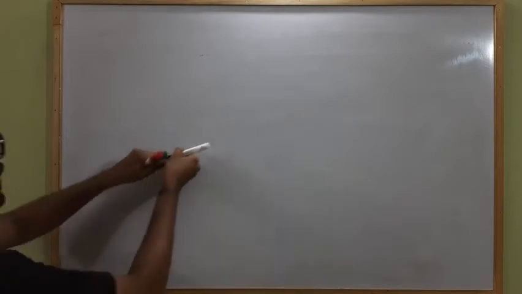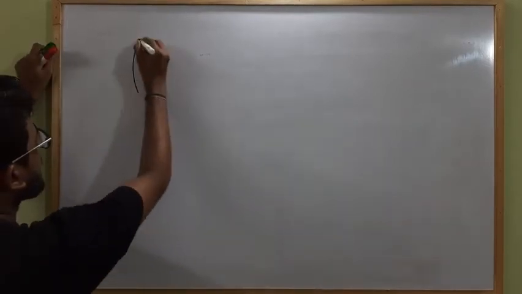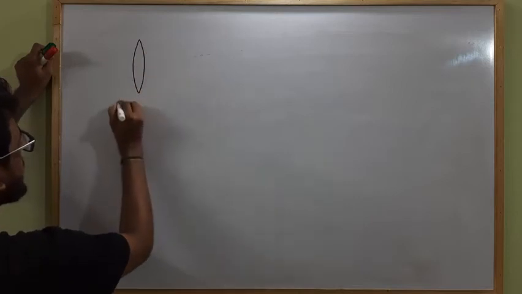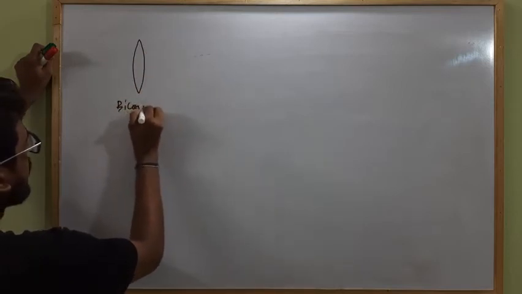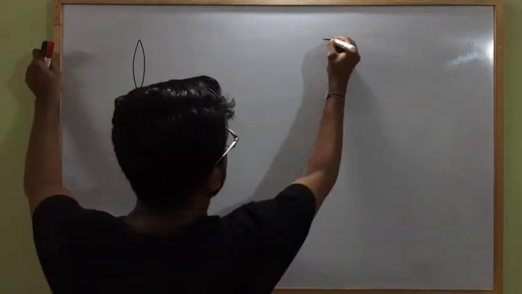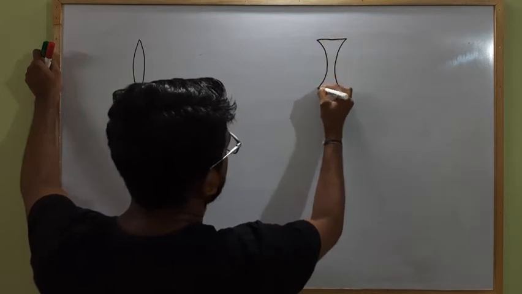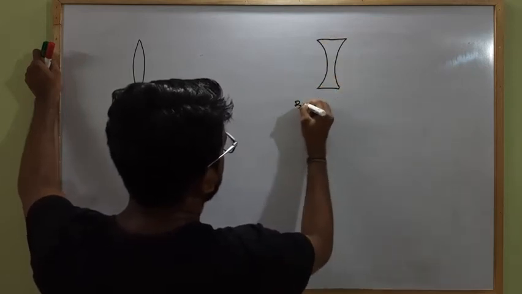So as each lens, if it is a concave or convex, this is a convex lens, let it be biconvex lens, and this is a concave lens, biconcave.